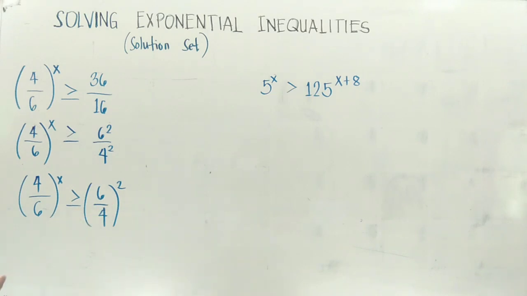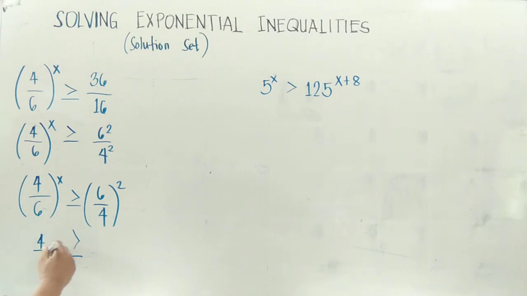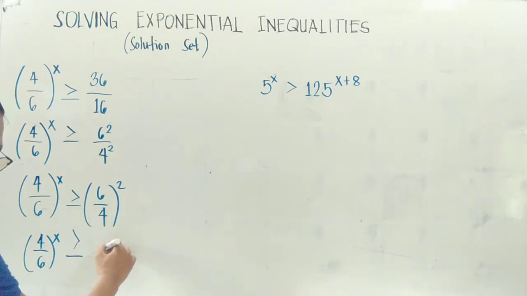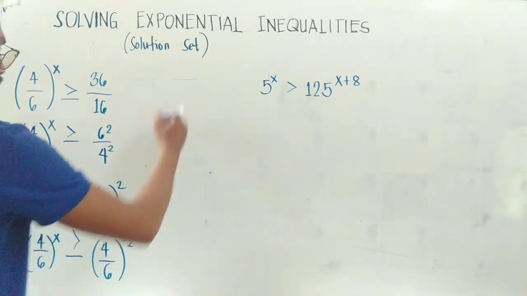So, are the bases equal? We have 4 over 6 in here and we have 6 over 4 in here. Okay, so I will give you this one. So we have 4 over 6 raised to x, and we have 4 over 6 raised to negative 2. Or this one.